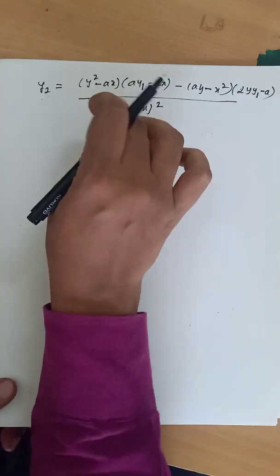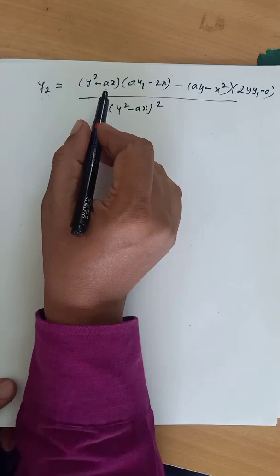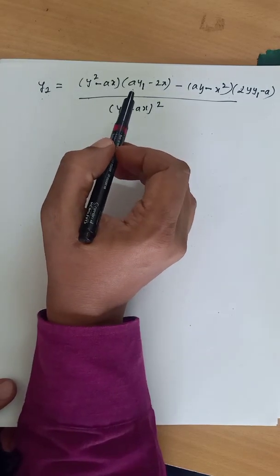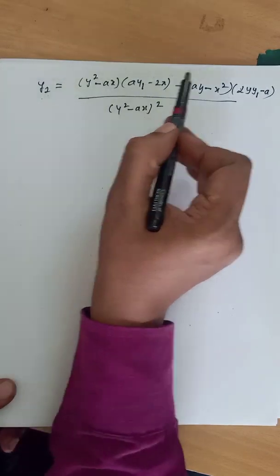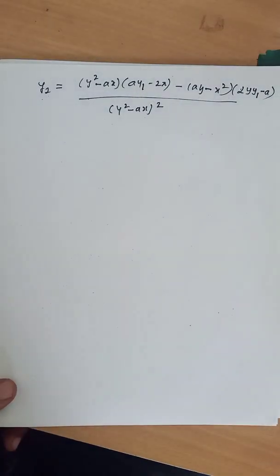I hope all of you get this, right? y1 is u by v form, I can use the quotient rule, that is vu dash minus uv dash by v square, right?